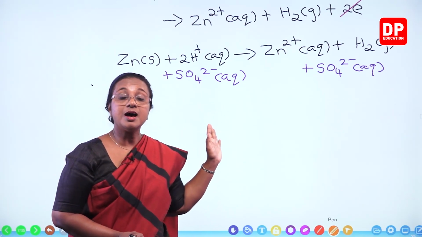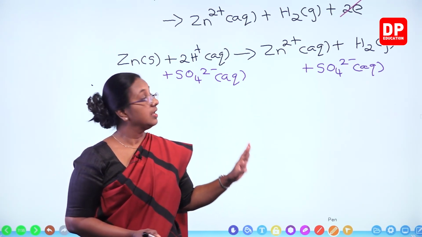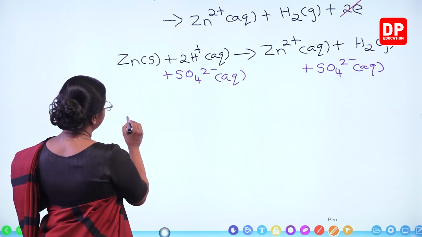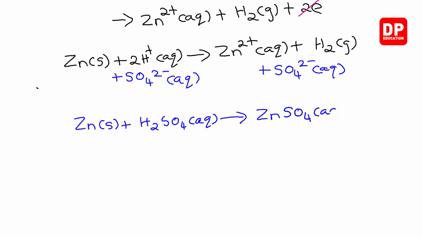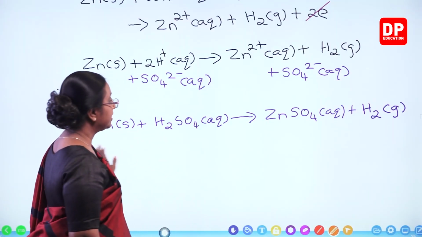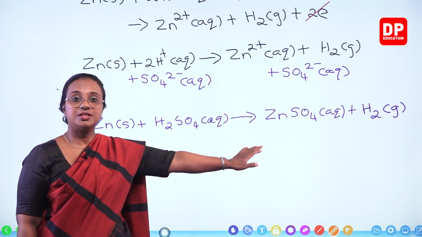So the charges are also balanced. You can write the complete reaction where you write zinc solid plus H2SO4 aqueous, giving rise to zinc sulfate aqueous plus H2 gas. So that is the complete reaction.